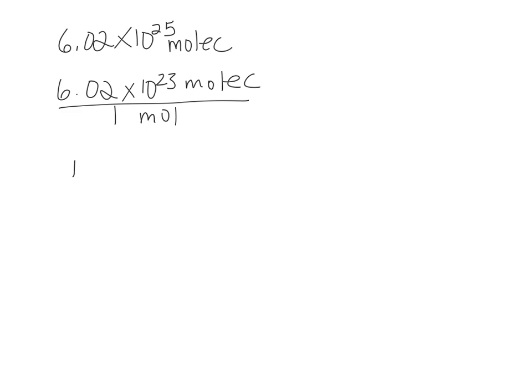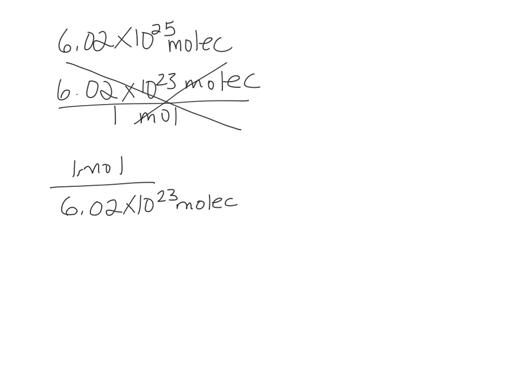So we want mole. Don't write anything down yet. So we would put this in like this. That's how we would start it. So mole comes first. We don't want molecules though. So we've used this. The other value has molecules in it. So if we multiply these numbers, molecules are going to cancel.